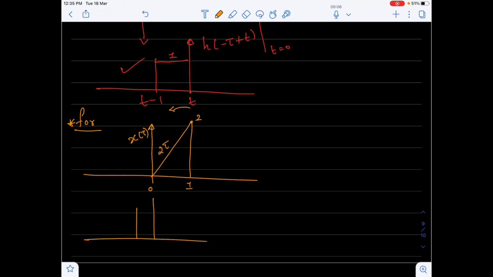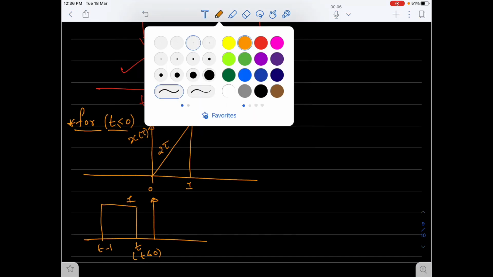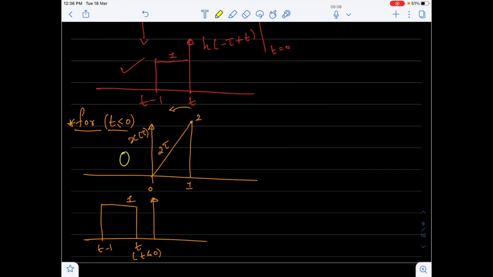If t is less than 0, the function will be here, this is t and t minus 1, and the amplitude is 1, so for t less than or equal to 0 this is the situation. For this function there is no value for the first function, and here there is some value, so if you multiply, the output will be 0, because there is no common region, so the output is 0 for t less than or equal to 0.